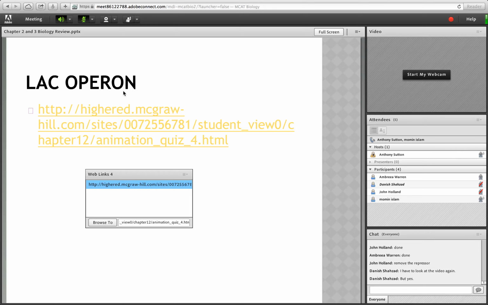So, Moment, we know what would happen if glucose is not there, or if glucose is there. Now let's say glucose is present and there's no lactose.